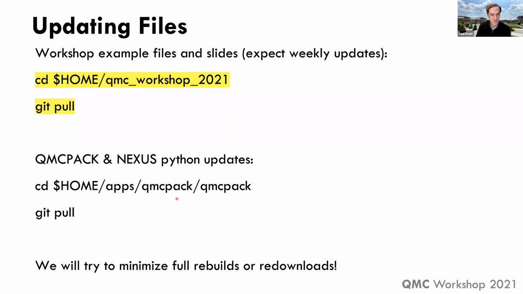If we have to make some updates to the Python, and I think we are going to have to do at least one of these, you can CD as shown here and also do a git pull, and we'll send out instructions as needed. We are absolutely going to try to minimize anyone needing to re-download the workshop image, as we know it's quite a big download and inconvenient.